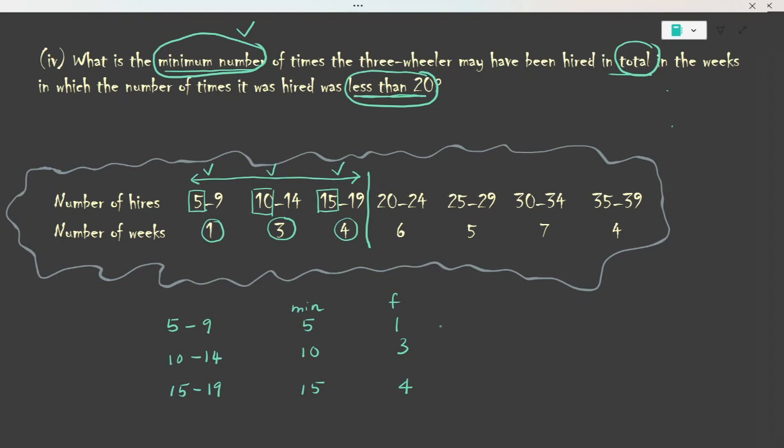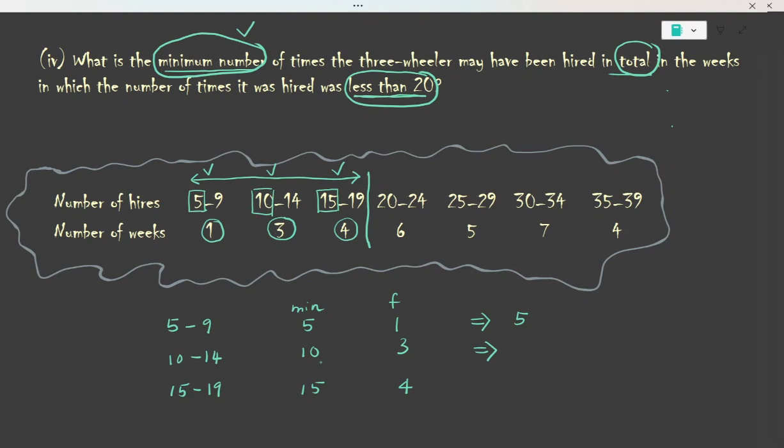Now to get the total, I would multiply the minimum with the frequency. For the class 5 to 9, we have 5 hires in 1 week, so the total here is 5. For the class 10 to 14, we have a minimum of 10 hires and we have 3 weeks.